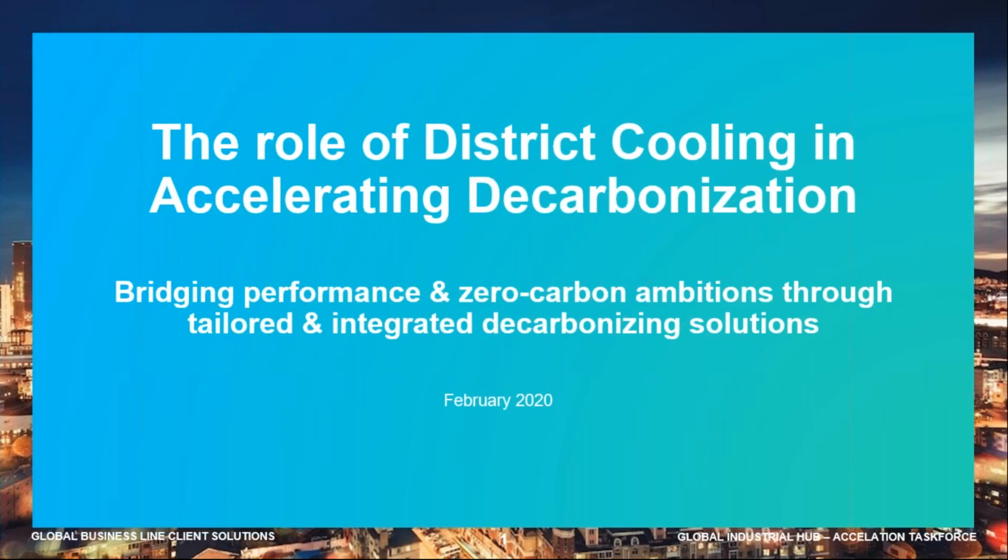So I'm part of ENGIE, and as said by Jack, I'm in charge of the development of district heating and cooling systems worldwide. And our belief is that those systems could bring lots of benefits to territories and cities in decarbonizing those cities.